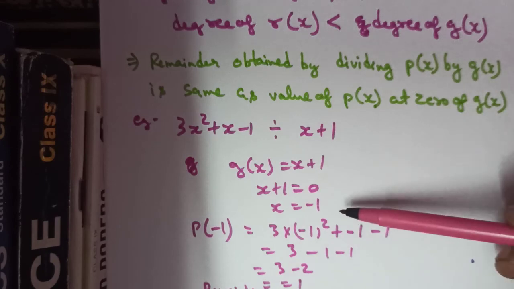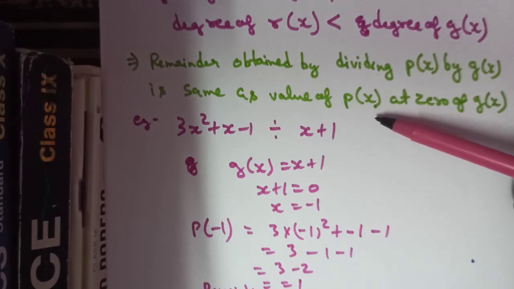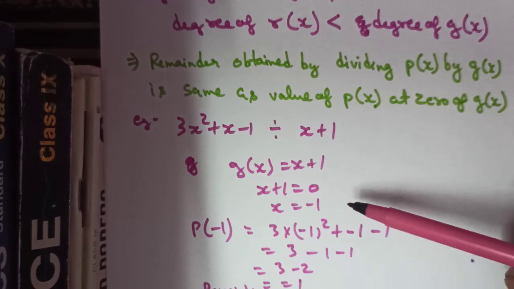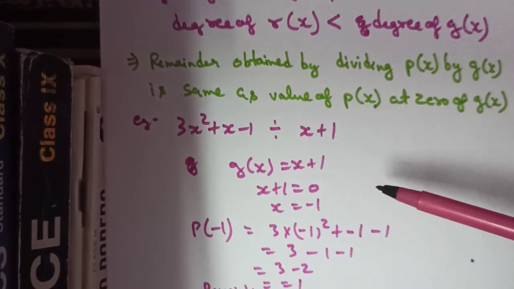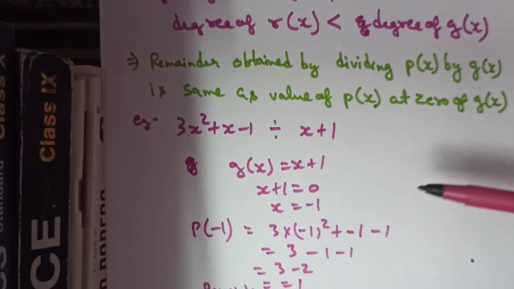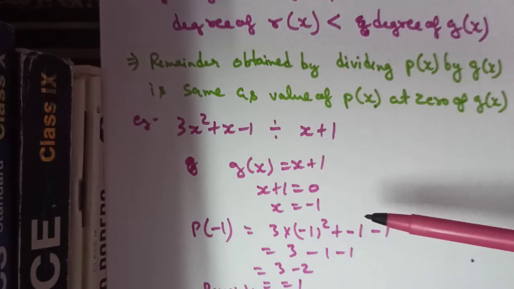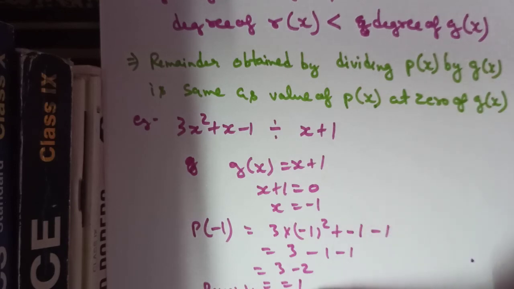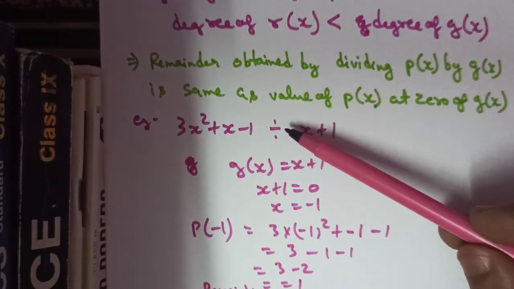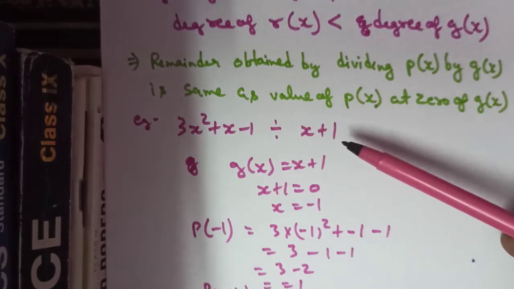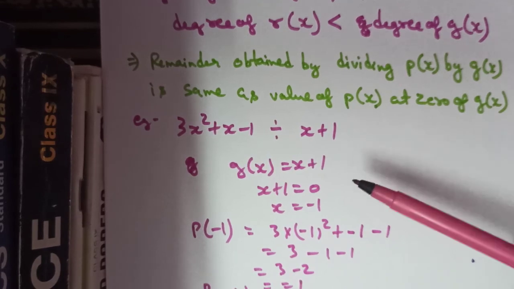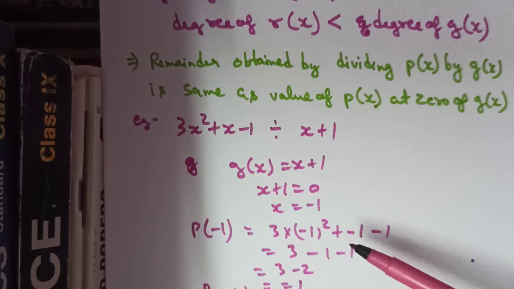The zero of g(x) is minus 1, so the value of p(x) at x equals minus 1, that is p(minus 1), comes out equal to 1. So we can see that the remainder obtained by dividing 3x square plus x minus 1 by x plus 1 is the same as p(minus 1), the value of p(x) at the zero of g(x). This is the remainder theorem.